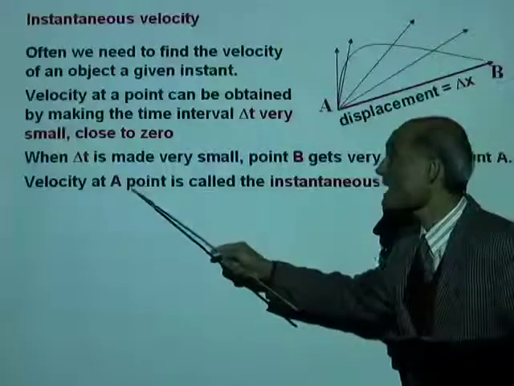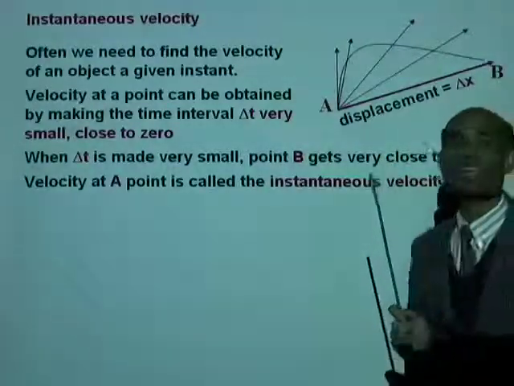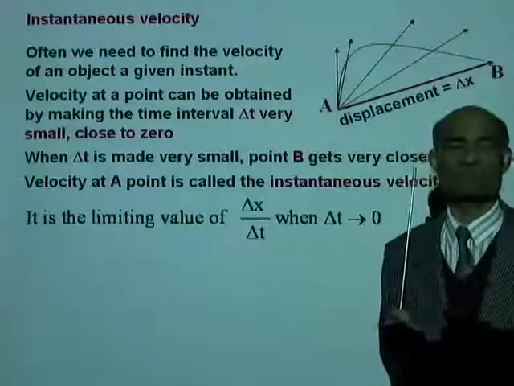So the velocity at point A is called the instantaneous velocity.